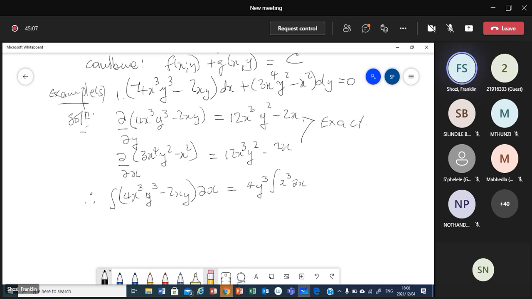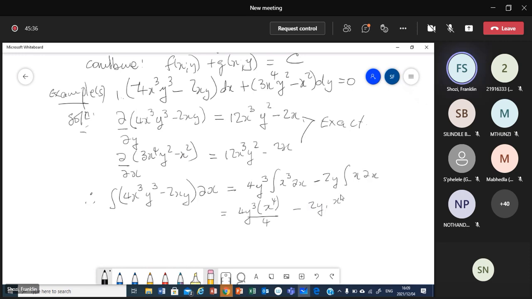All right, integrate. 4 and y cubed are out because I'm integrating with respect to x. Likewise 2 and y. I'm integrating x partial with respect to itself. So it's 4y cubed, bracket, what is the integral of x cubed? It is x to the power 4 over 4, minus 2y.